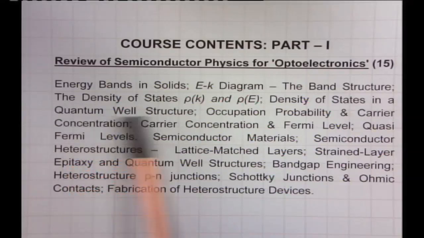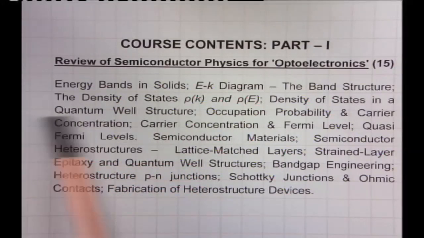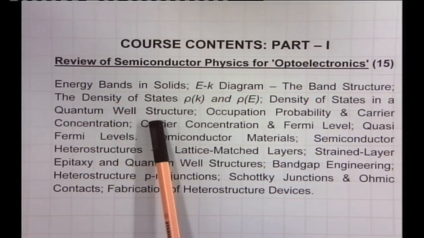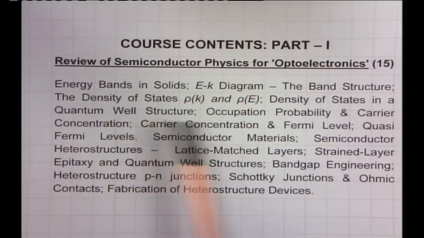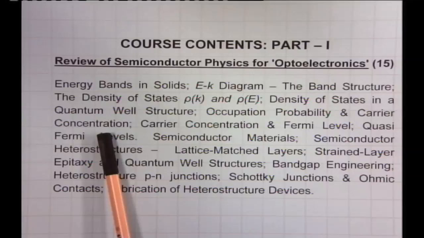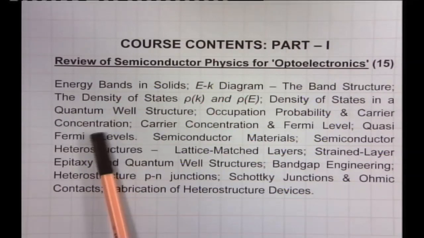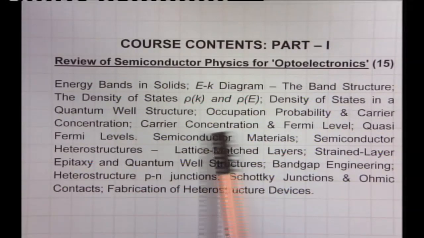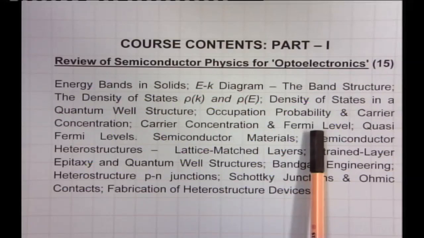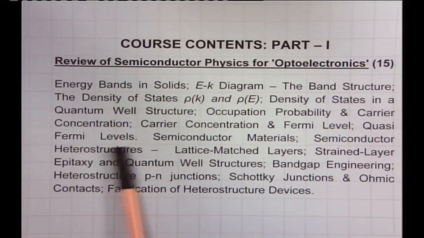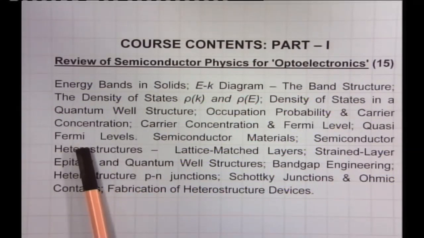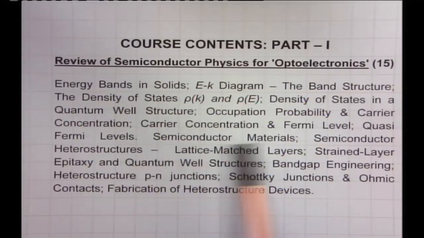A little bit of quantum mechanics would be required here, but we will discuss from the basics. Then we will go over to occupation probability of carriers and carrier concentration in semiconductors, its dependence on the Fermi level, and the quasi-Fermi levels, which are very important in optoelectronic devices and semiconductor materials.